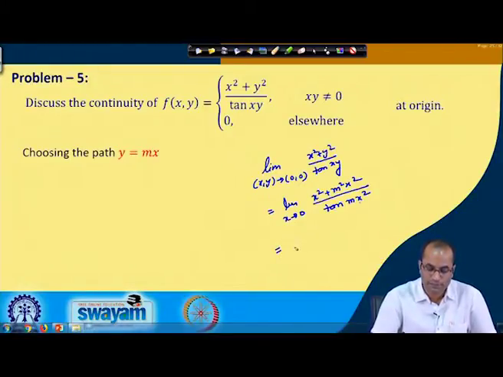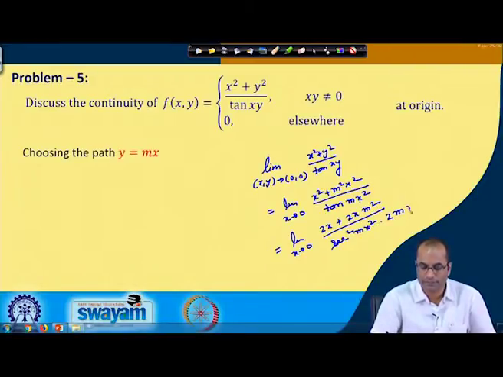In that case we get 2x plus 2x m square in the numerator, and in the denominator sec square m x square times 2 m x. So this 2x and the 2x from here get cancelled, and when x goes to 0, this is 1 here, this is 1, and here we have m square.